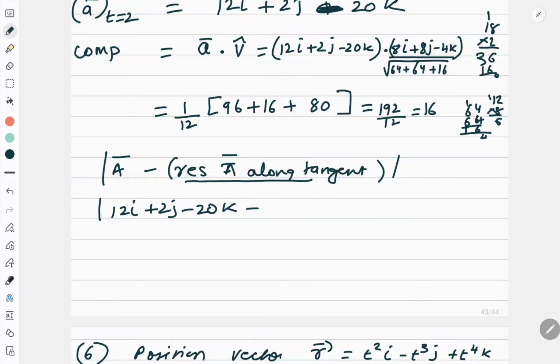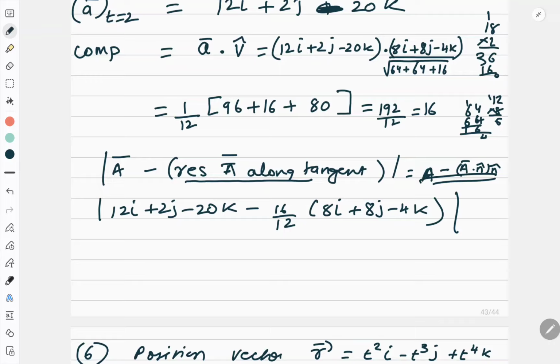So resolved part along the tangent, if you remember this formula I told you, a minus a dot n cap into n cap. In the beginning I gave you one formula. That formula you apply, and when you solve it, it will be 16 by 12, 8i plus 8j minus 4k. Okay.